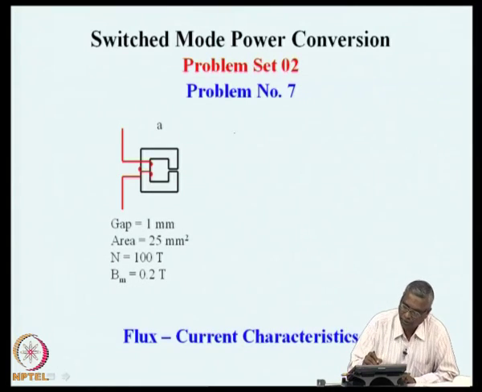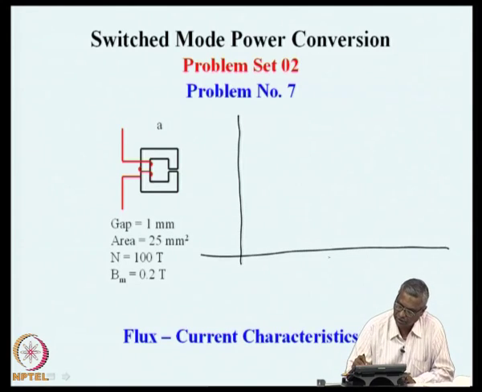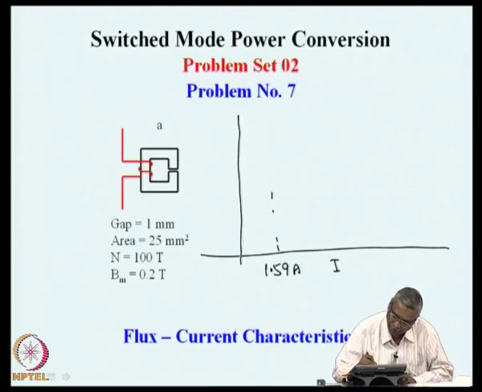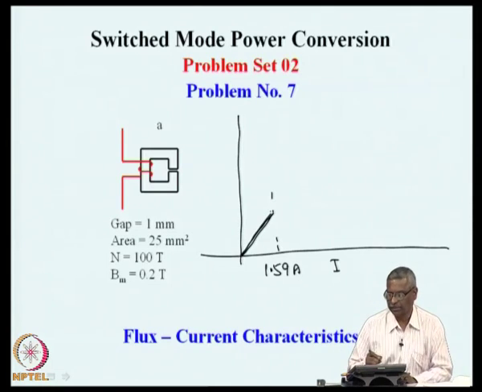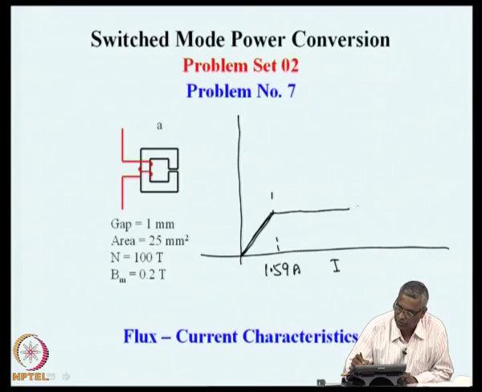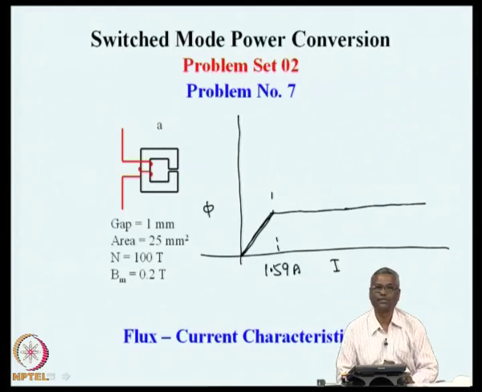And so, we can plot the flux versus I characteristics. Up to 1.59 amperes, the inductance will be constant, so the flux will keep on increasing as the current is increasing. As we reach 1.59, the flux level saturates.